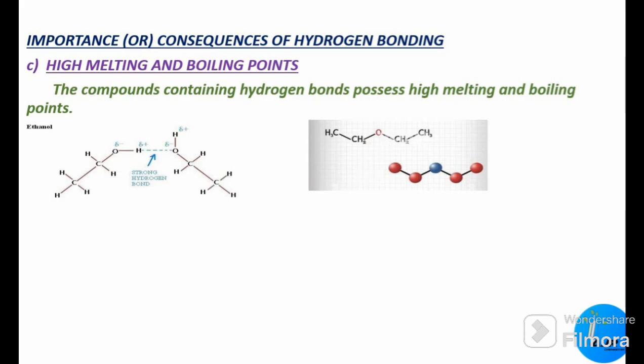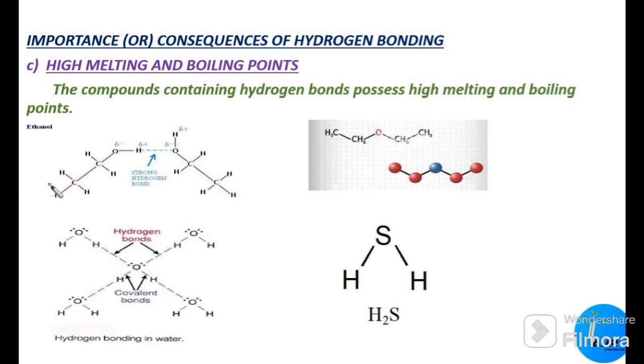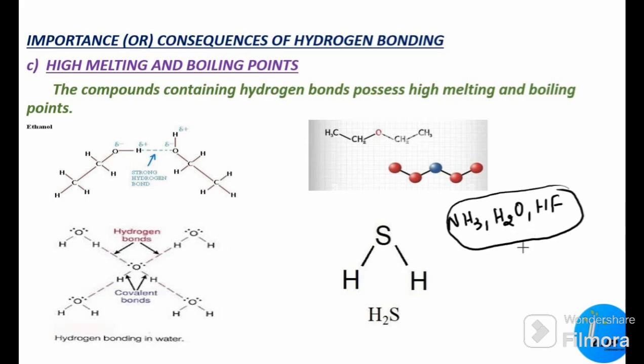The same thing we can observe in water and H2S. In the water molecule we have hydrogen bonding, whereas in H2S we don't. The same can be explained in the case of ammonia, water and HF. All these molecules have high boiling and melting points due to hydrogen bonding.